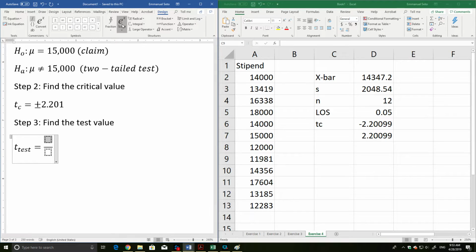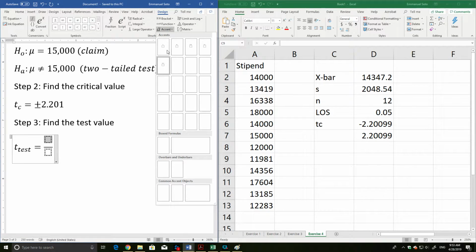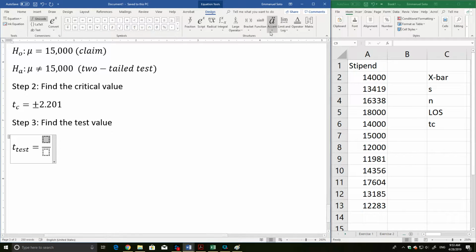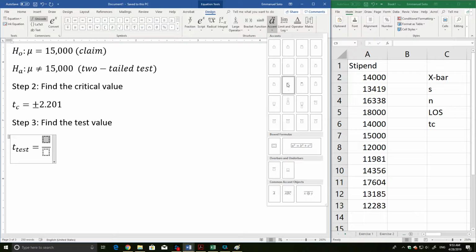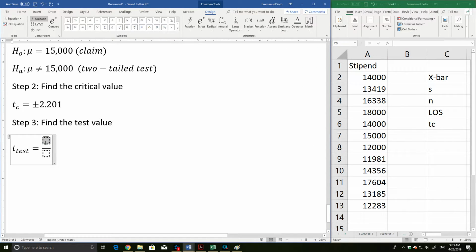And then we want to do the x bar. So to do the x bar, let me zoom in, focus on this here. To do the x bar, you want to click on this icon, accent, and then here. So we want x bar minus our mu divided by s divided by square root. So we can say forward slash sqrt of n.